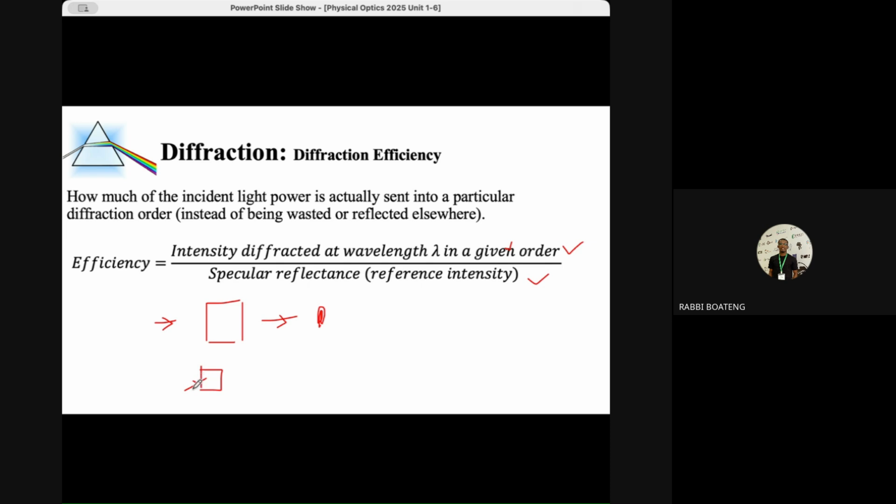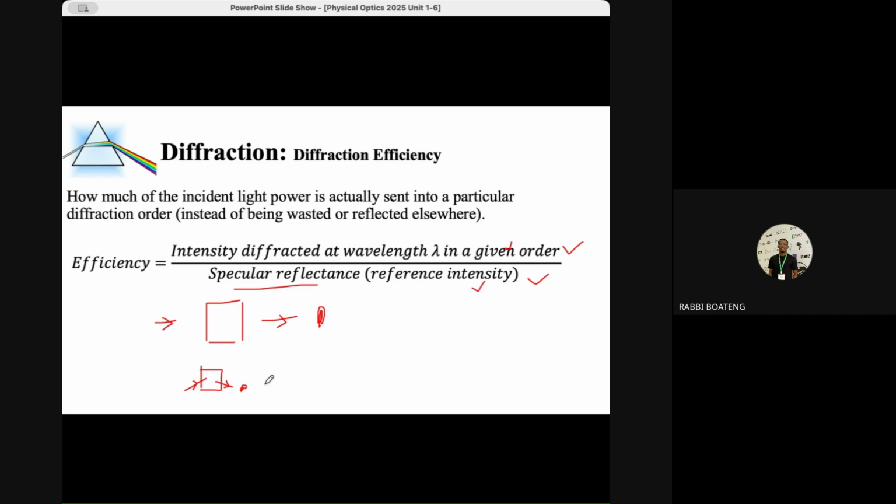Then you measure the reflectance from that surface, and the value you get here is going to be our denominator. That is why we call it the specular reflectance from any surface.